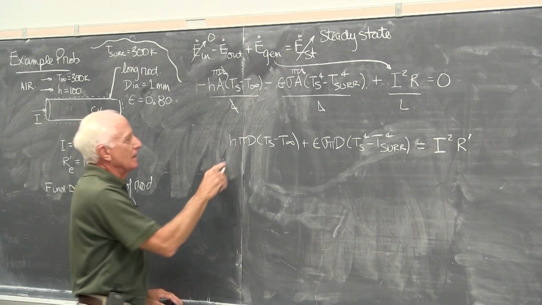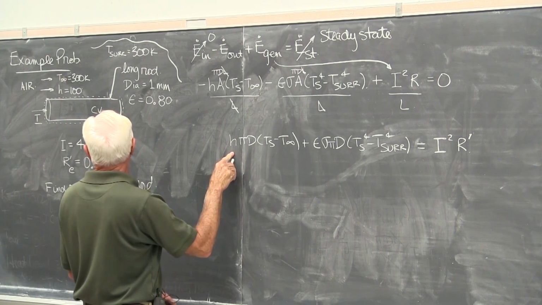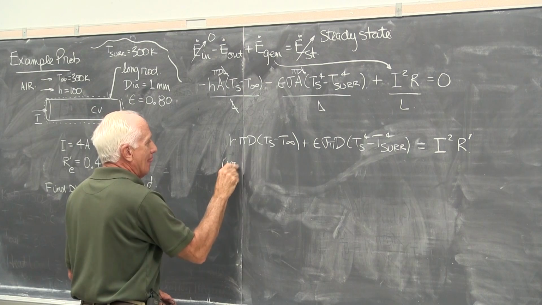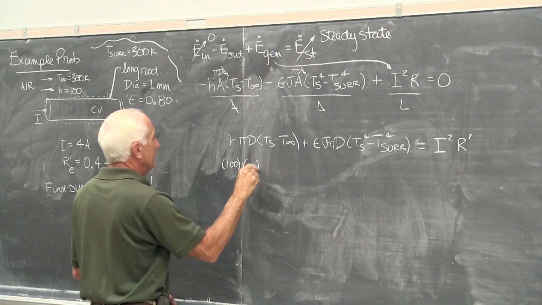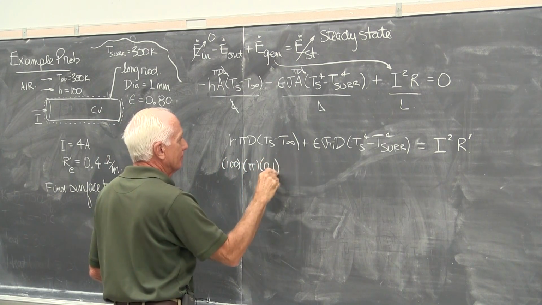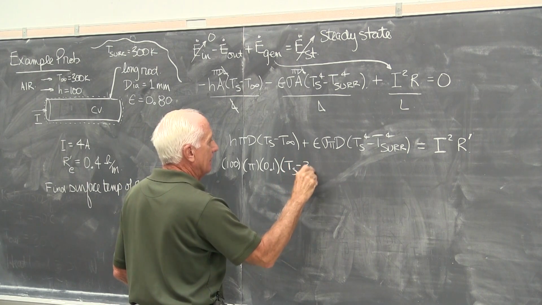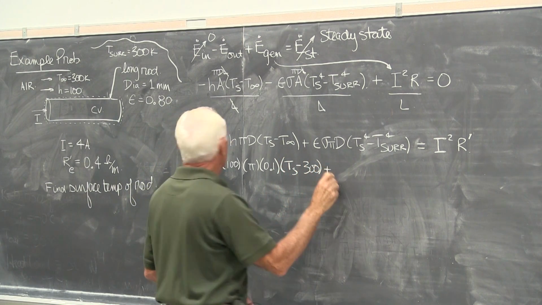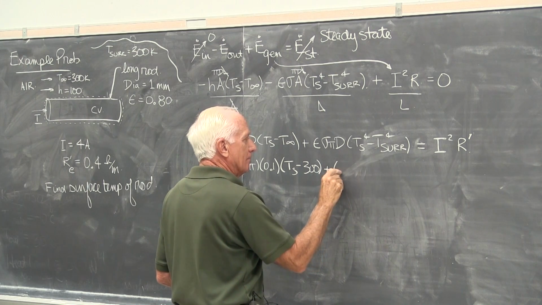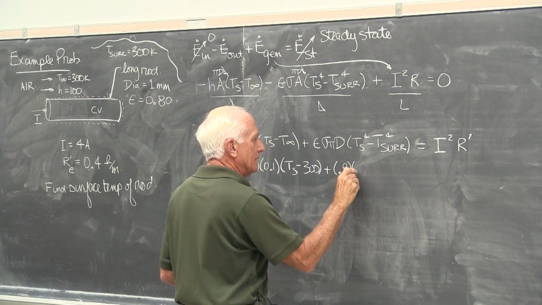So, do I know h? Yeah, 100, pi d. Ts, I don't know it. T infinity, 300. Epsilon, 0.8. Diameter, 1/10.